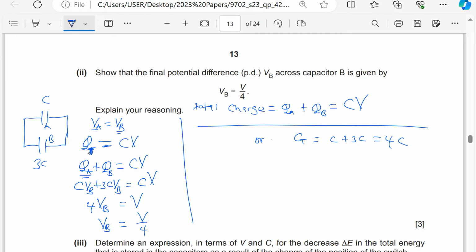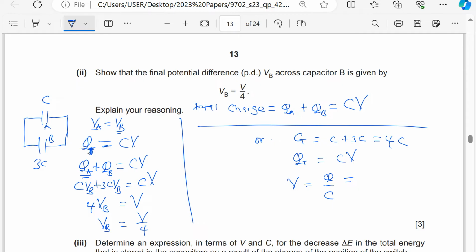That is 4C, if they're in parallel. Then total charge, remember, total charge is equal to C times V. The PD is equal to charge divided by capacitance.